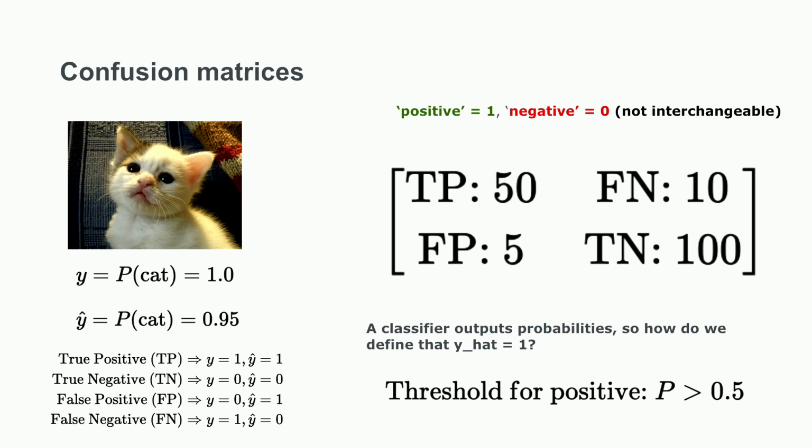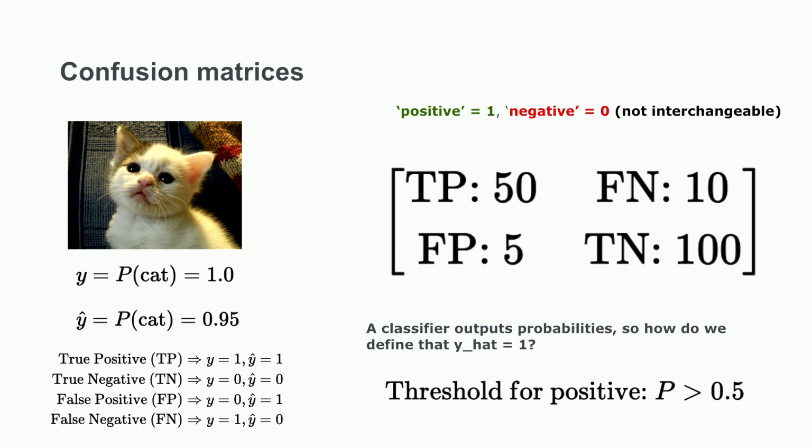And this is something that we're evaluating in this situation with a threshold for positive that is the default, the one that we see in most machine learning libraries, where we say that if we have a confidence above 0.5, then the image is being labeled as a positive.